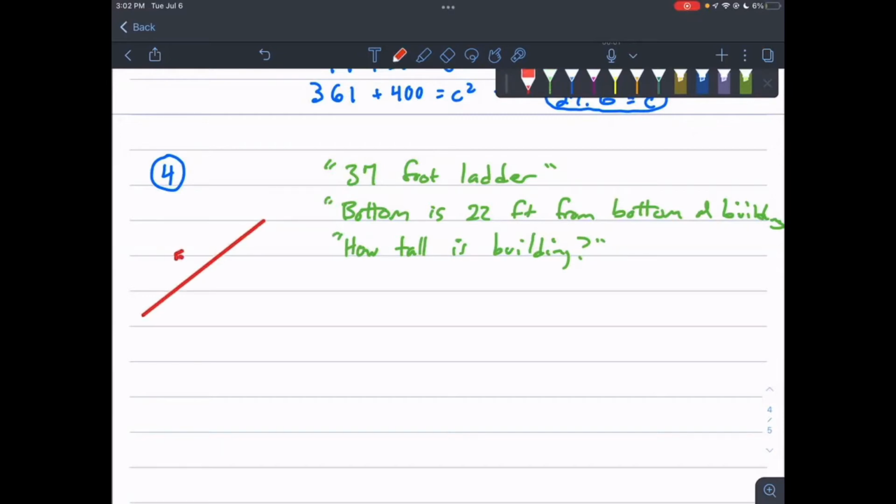So we got this ladder that is 37 feet resting against the wall, like you can imagine. Something like that. And the distance from the bottom of the ladder to the bottom of the building, this is 22 feet.